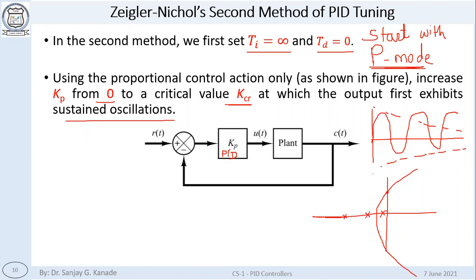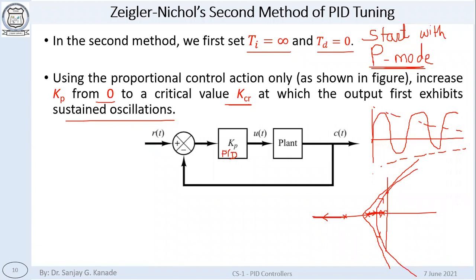This was one branch of the root locus, and two other branches were like this, breaking out and going towards the asymptotes, right? This was something like a root locus that we have drawn, and this is actually that point.